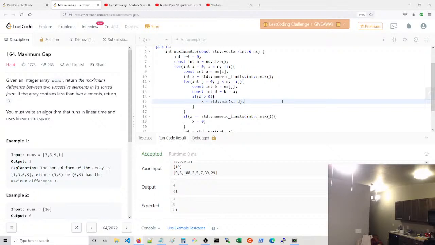So actually, I could be wrong about the minimums. Maybe actually you want the maximum of the minimums. Well, yeah, you still would have an issue because if you saw 60, you'd see it.